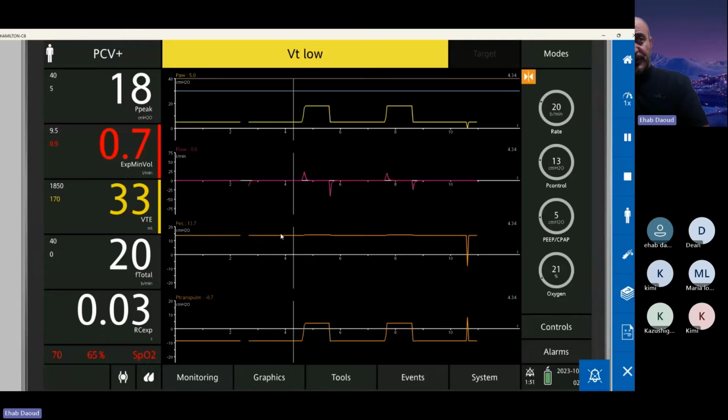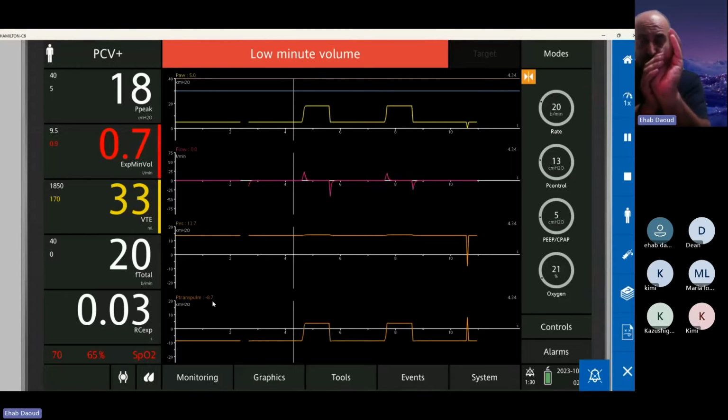My esophageal pressure is 13.7. My end expiratory transpulmonary pressure is almost minus 9. What does that mean? It means that what's inside the alveoli, the PEEP, is much, much less than what's pushing outside on the alveoli by the pleural pressure.